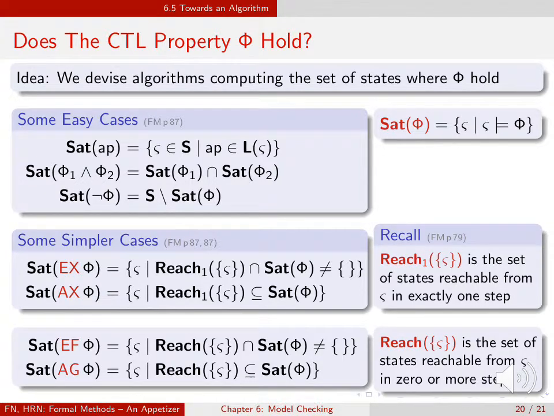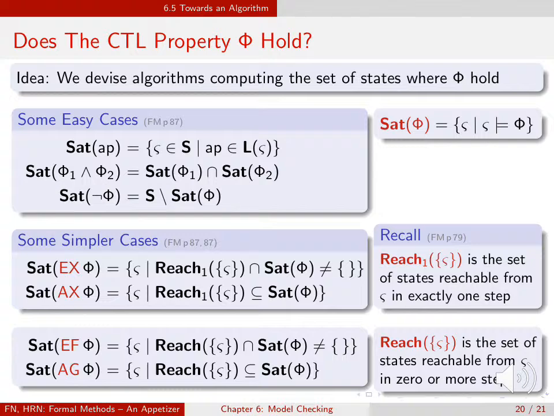Let us take inspiration from these two equations and change our consideration from reach 1 to reach, the set of states that is reachable in 0, 1, 2, or many steps from the argument set of states. For the first formula, we're then looking at the set of states sigma such that what is reachable from sigma in any number of steps intersects in a non-empty way with the set of states satisfying phi.